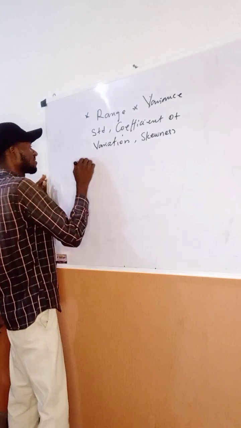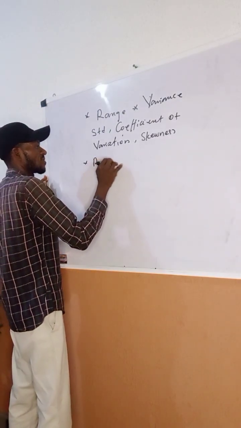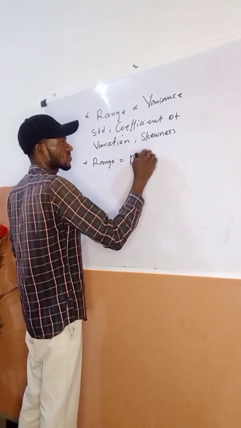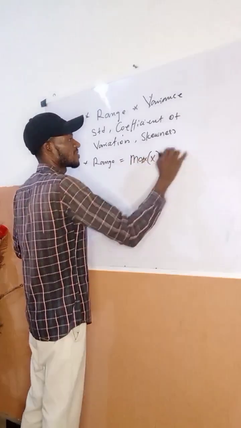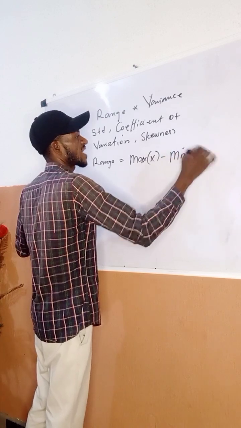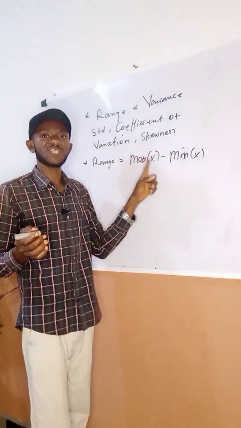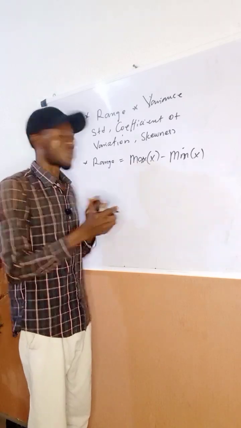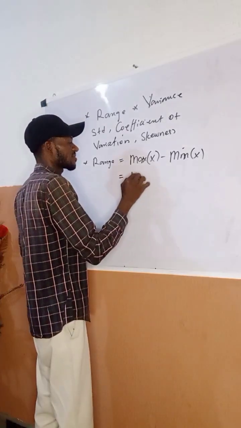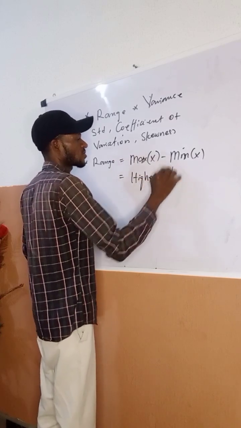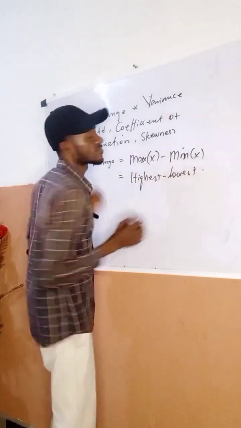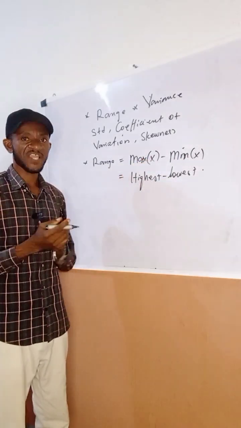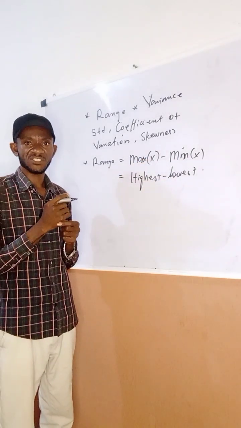So range equals max of X minus min of X. That is the maximum value of X minus the minimum value of X, or highest minus lowest, where highest stands for the highest value of X and lowest for the lowest value of X. This is what we call the range.